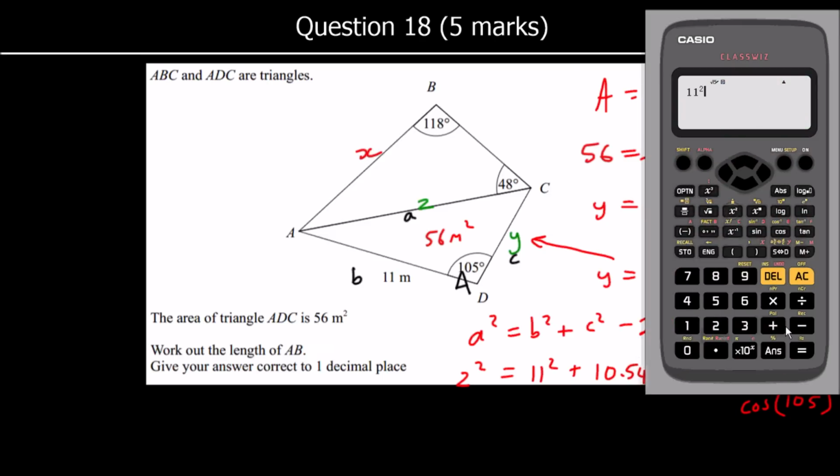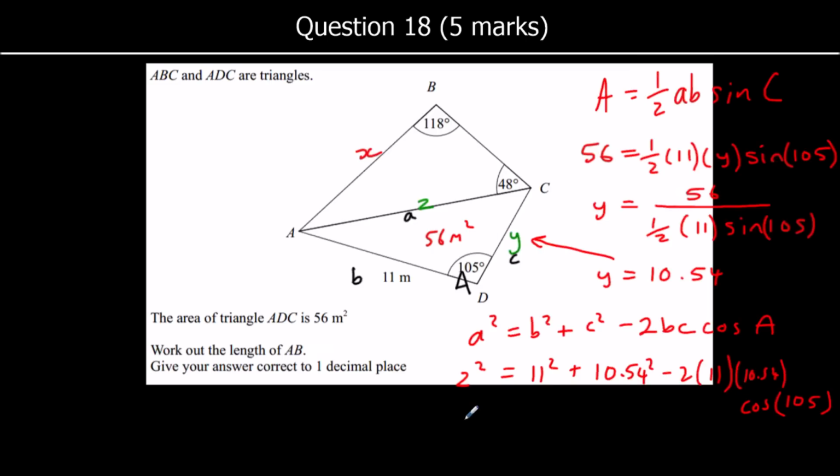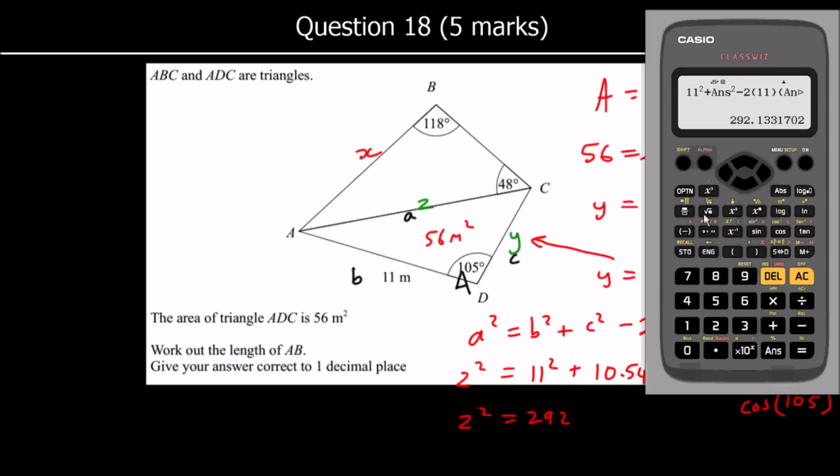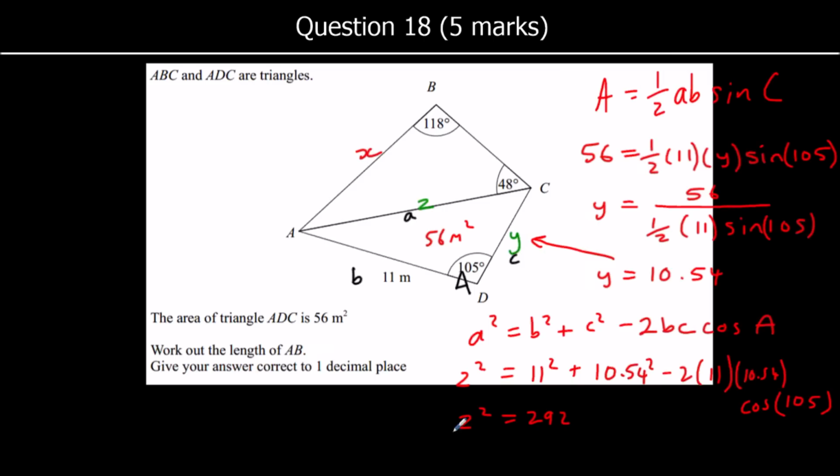So 11 squared plus answer squared minus 2 times 11 times answer cos 105. So 292 and so on. So z squared is 292 point something. So square root of that, 17.09. So z is 17.09 centimeters.